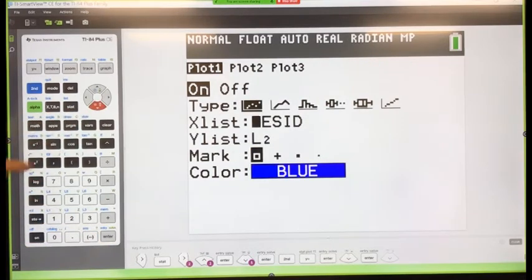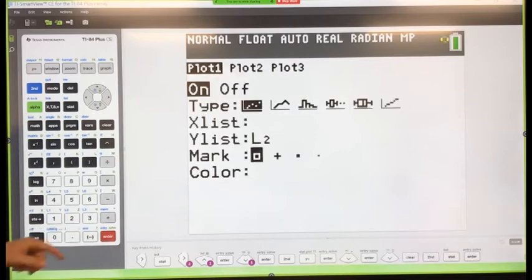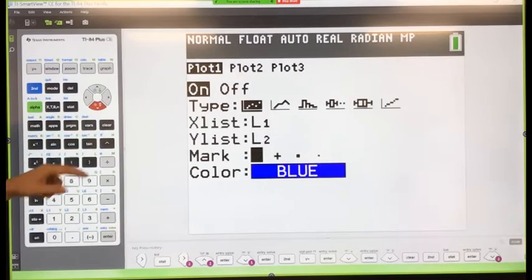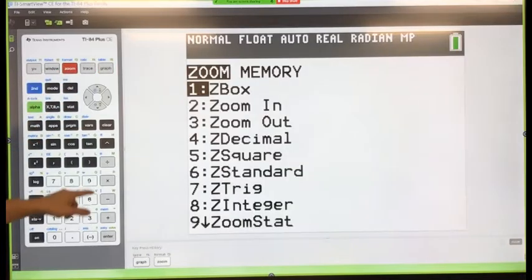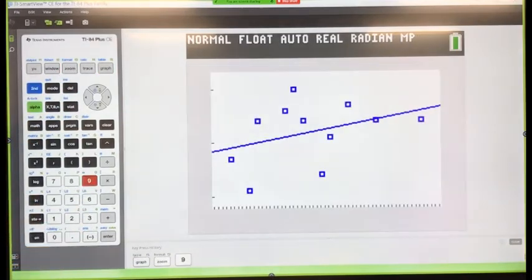I want to change this to, sorry, I had this set for something else. List, okay, so by default yours should look like this. And if I hit graph, zoom stat, there we go. Here's my data. Notice it put in my regression line.